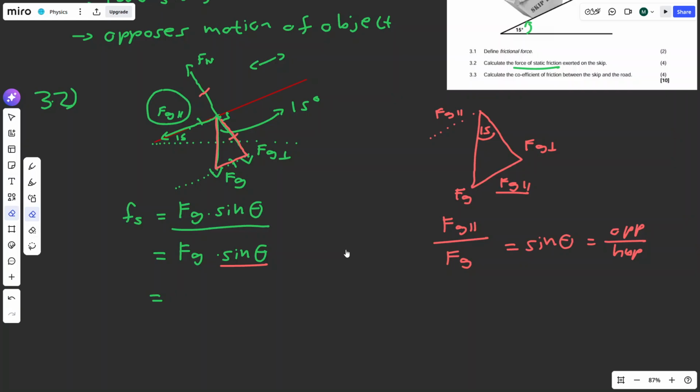There we go. So our static frictional force is equal to Fg sine of theta. And note that this part here, Fg sine of theta, this is Fg parallel. So now let us plug in our values and see what answer we get. So Fg is equal to m multiplied by g.